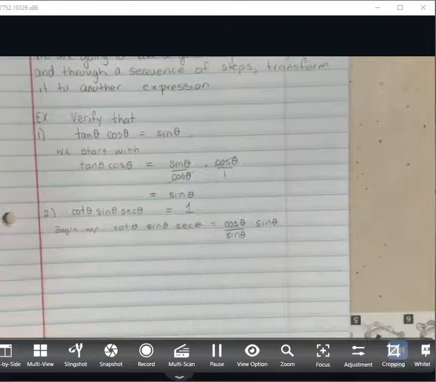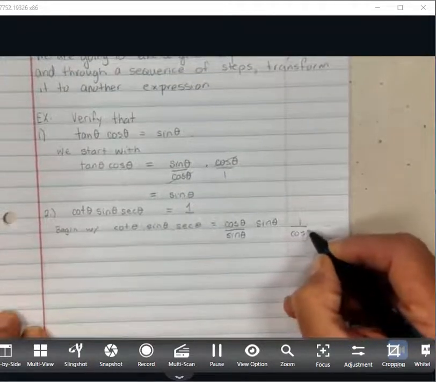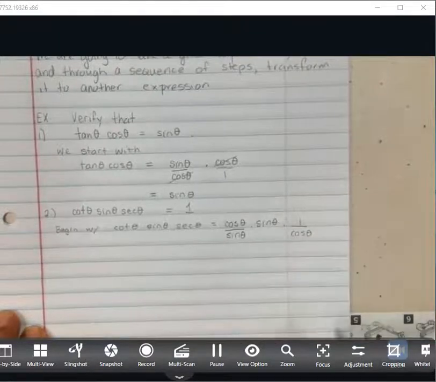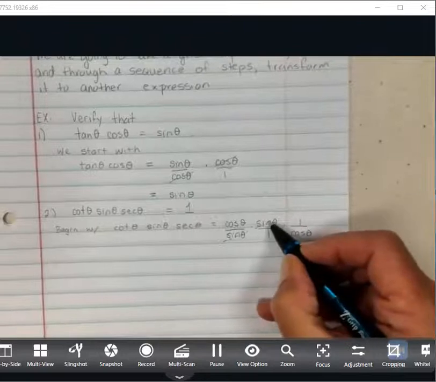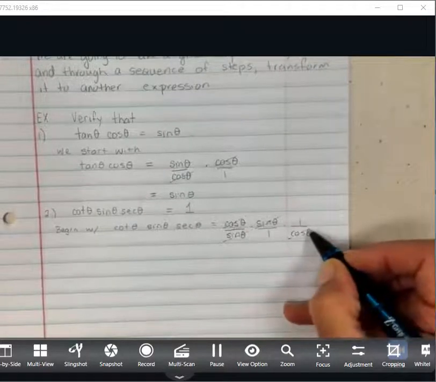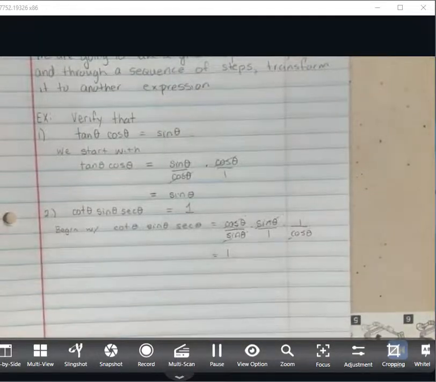And what about the secant? Secant is 1 over cosine. Now I look at that, and I've got the same deal that I had going on last time. I got a product, common factors top and bottom, I can cancel. And then we're done. Cancel, cancel, cancel, cancel. So I'm left with 1 over 1. There's really no need to cancel the 1. I want to end up with a 1.